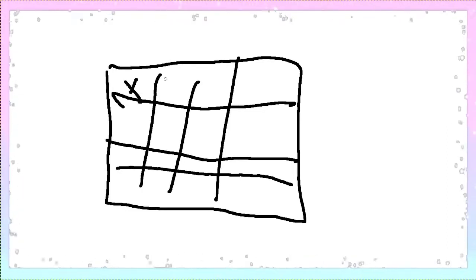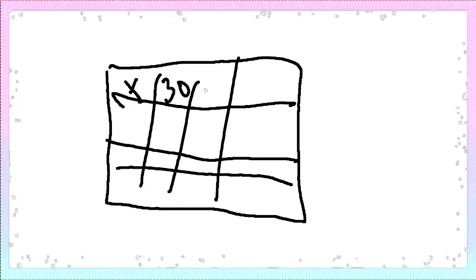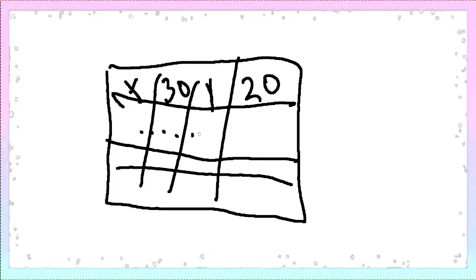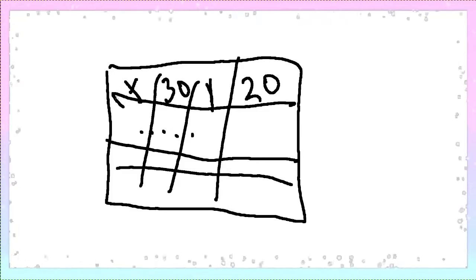Now, just a brief moment, we're going to be talking about memory and how it works on your computer. Let's just imagine the memory on your computer is a grid, and in this grid it stores values. So let's say this is where x is going to be equals, and this is the value of x, and this is y is equal to 20, and dot dot dot. It just fills in every single spot in the grid.